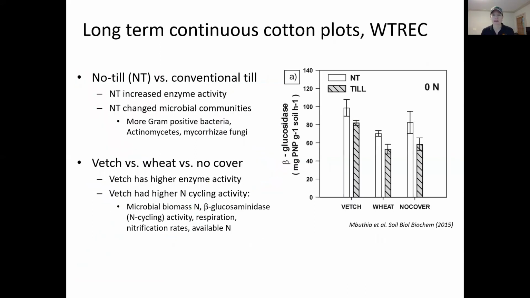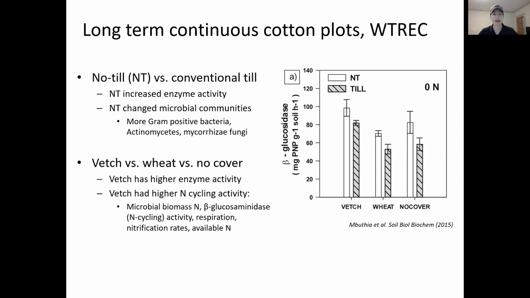And these management practices and their effects on microbes, it's not just theoretical. We actually have some data from some of our plots showing how soil microbes respond to some of these management approaches. So we've been working, for example, at the long-term continuous cotton plots in Jackson.